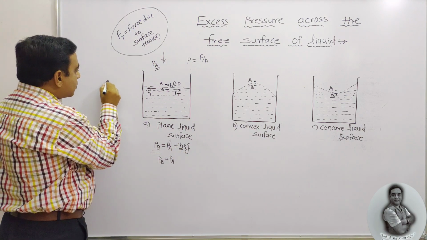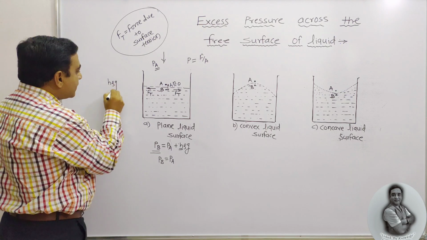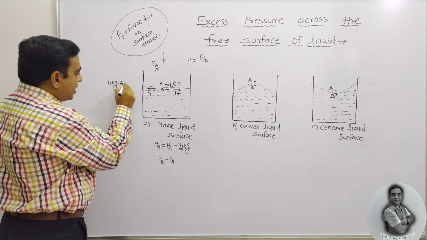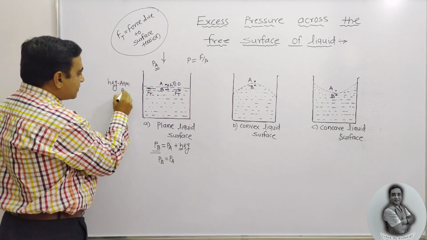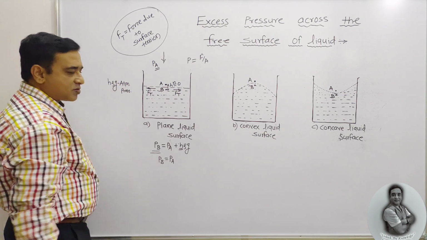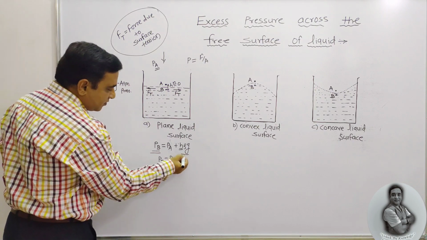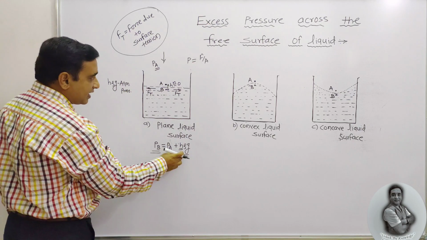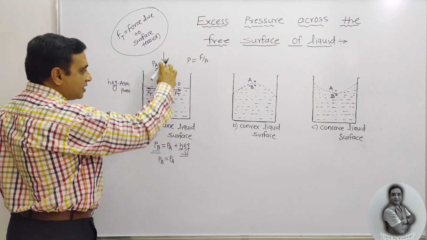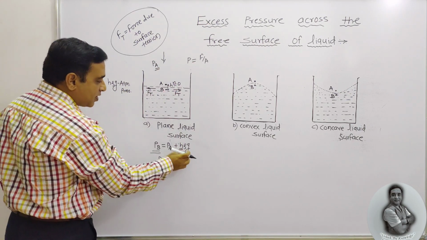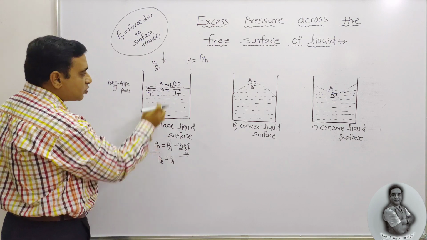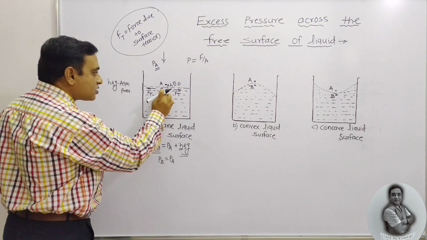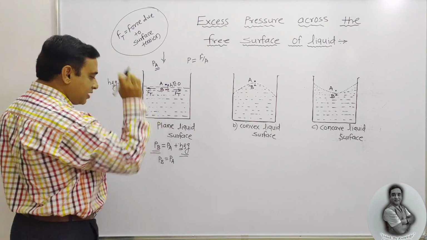What about this atmospheric pressure? This h rho g is the atmospheric pressure. So this is from the upside, and the pressure at the A side gets added because both are in the atmosphere. That's why PA plus atmospheric pressure is equal to the pressure exerted on the point B, which is close to the surface but inside the liquid.